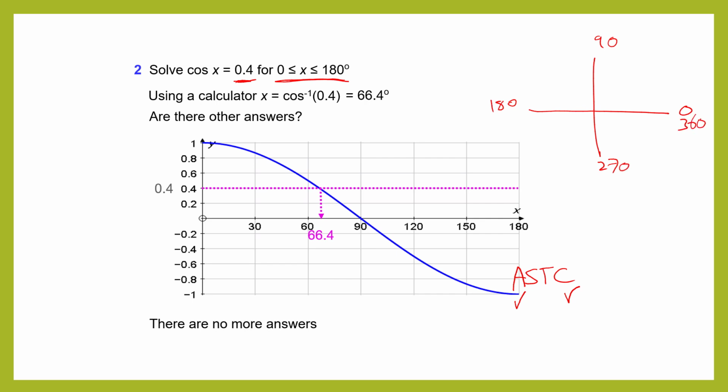So here, if you do the inverse, you're going to find this angle is 66.04. Then the cosine here is negative, the cosine here is negative, and the cosine here is positive. Since it's positive here, it's positive in the first and last, but the range stops at 180, so you cannot go more. So you have only one answer in this question, which is 66.04.